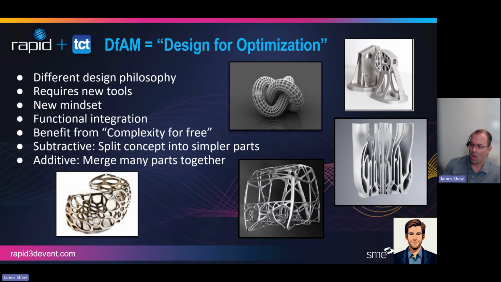Extrude, revolve, loft. Throw those out the window, right? What we're talking about is a brand new philosophy, a new approach, right? And so DFAM is really an optimization process. The geometry you see on the screen here is 100% developed by a computer. Sure, we sat there as humans and entered the requirements, minimum wall thickness, maybe some overhang geometry, maybe a minimum support, some control of deformation.